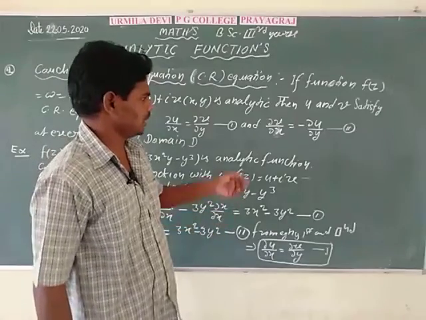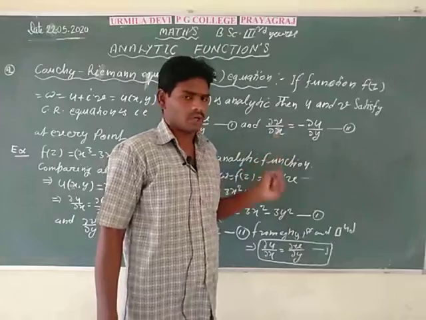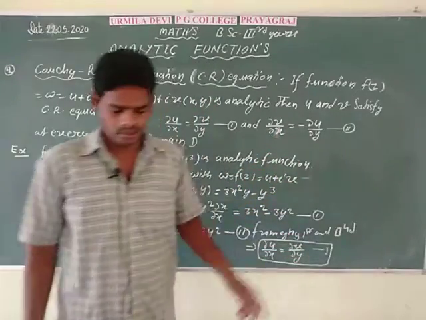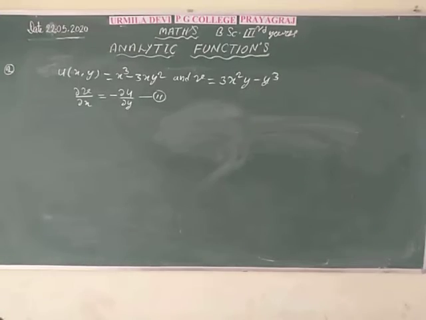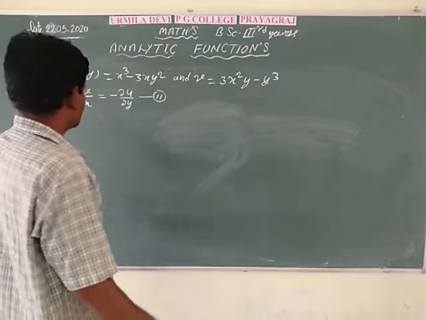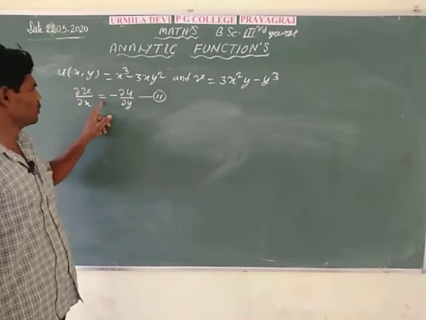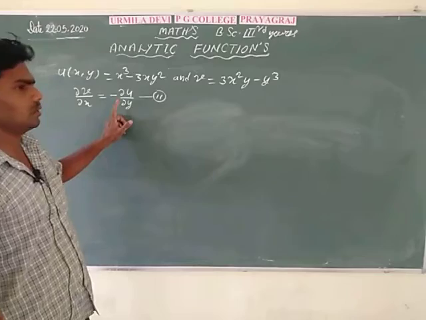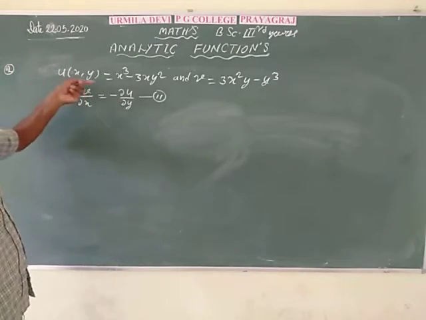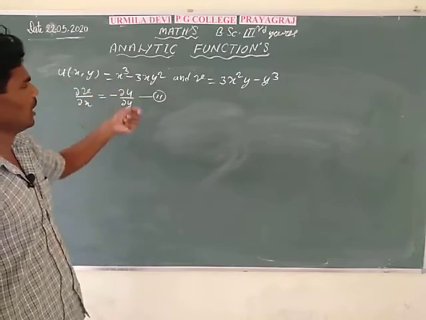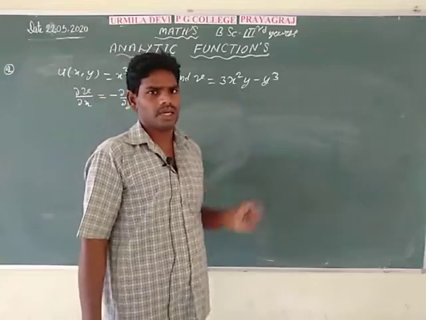Now check the next equation of CR, which is del v by del x is equal to minus del u by del y. Therefore, the second equation of CR is del v by del x is equal to minus del u by del y. Here u is equal to x cube minus 3xy square and v is equal to 3x square y minus y cube.